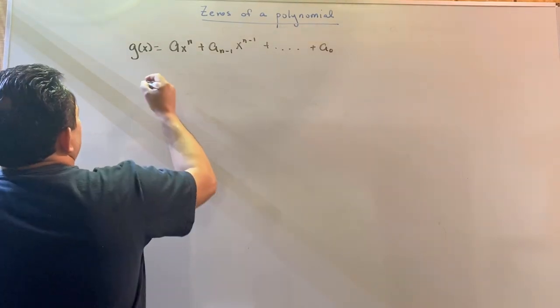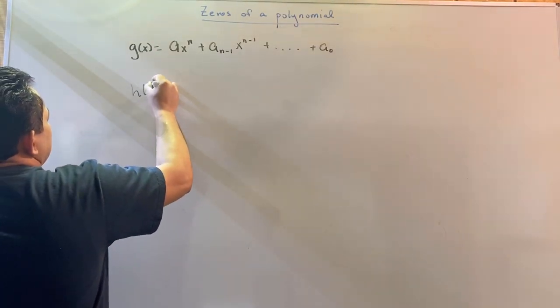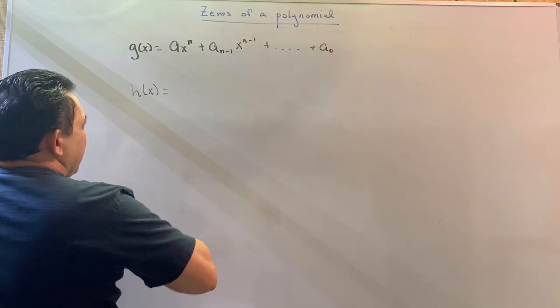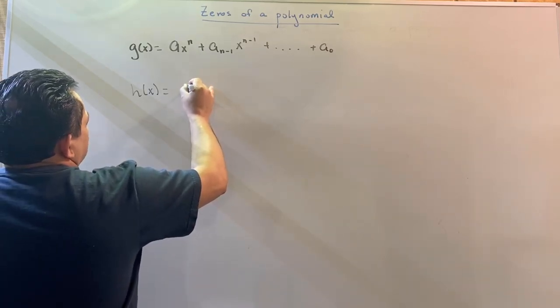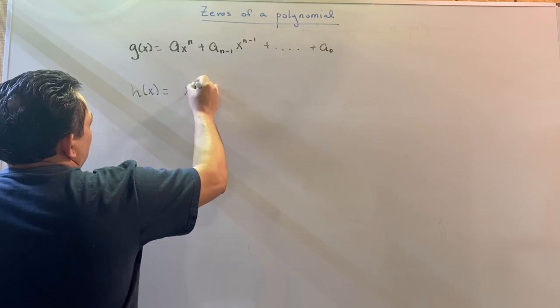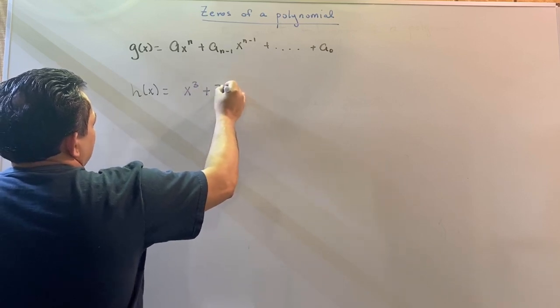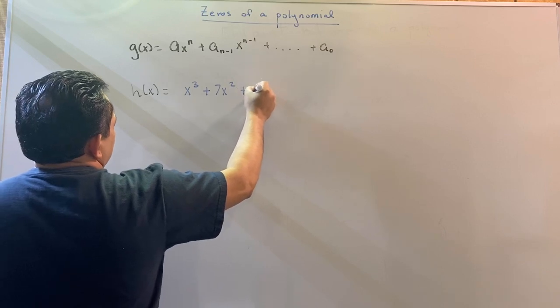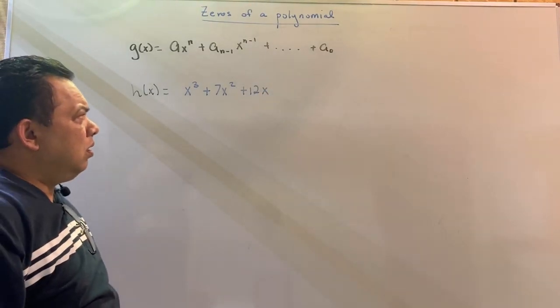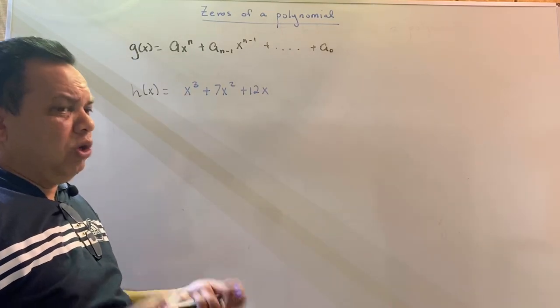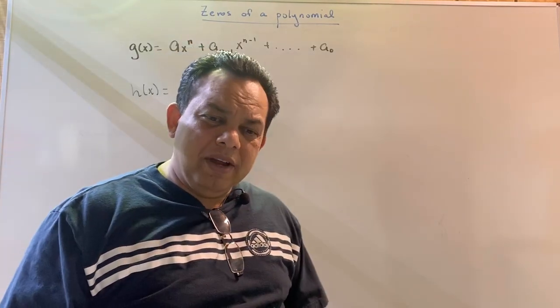So, for example, if I have h of x is equal to x cubed plus 7x squared plus 12x, well, if you think about it, it's not quadratic, so you can't use the quadratic formula.